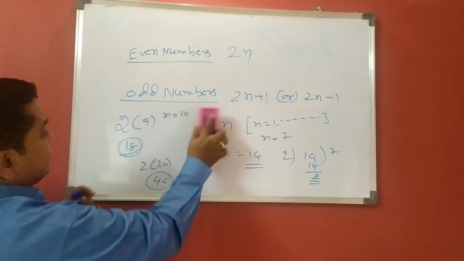So any number below 12 doesn't have 6 factors. Only 12 has 6 factors: 1, 2, 3, 4, 6, 12. So that's why 12 is called a highly composite number. What about 6? Below 6, no number has 4 factors, so 6 is called a highly composite number.